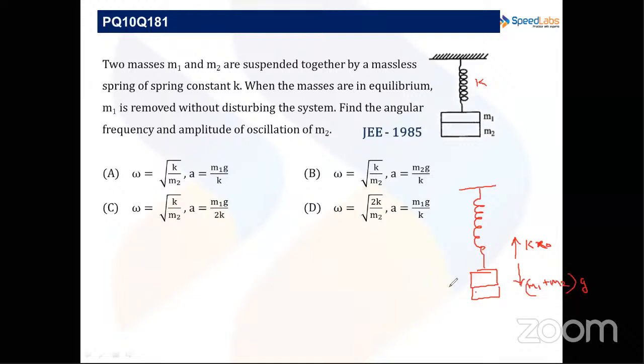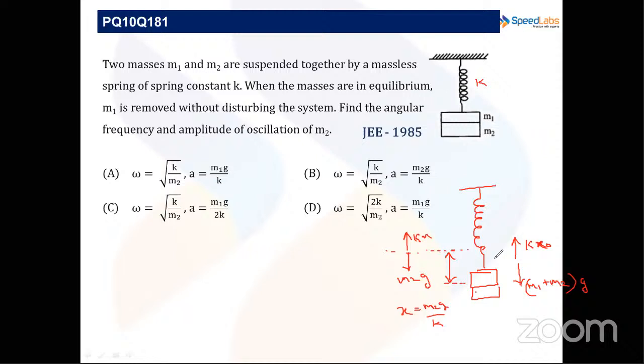If this was the initial equilibrium position, and m1 is removed, then there will be a new equilibrium position. At that new equilibrium position, kx will balance m2g. So this x will be m2g by k. And this difference will become the new amplitude.